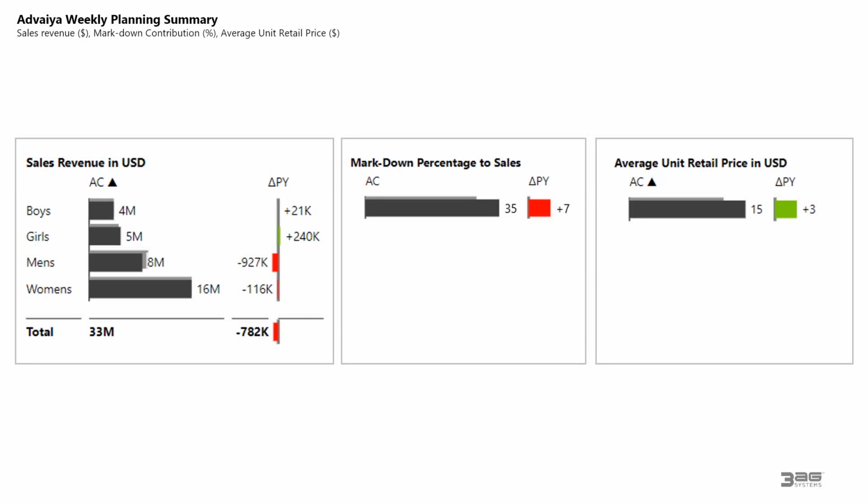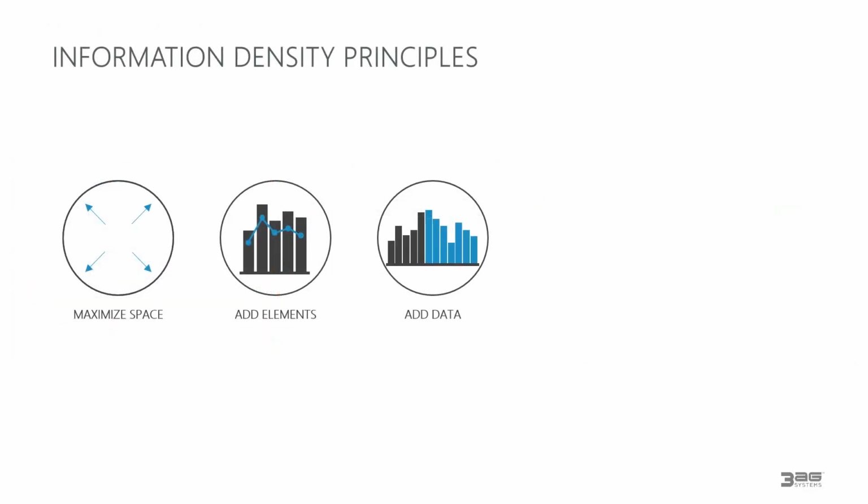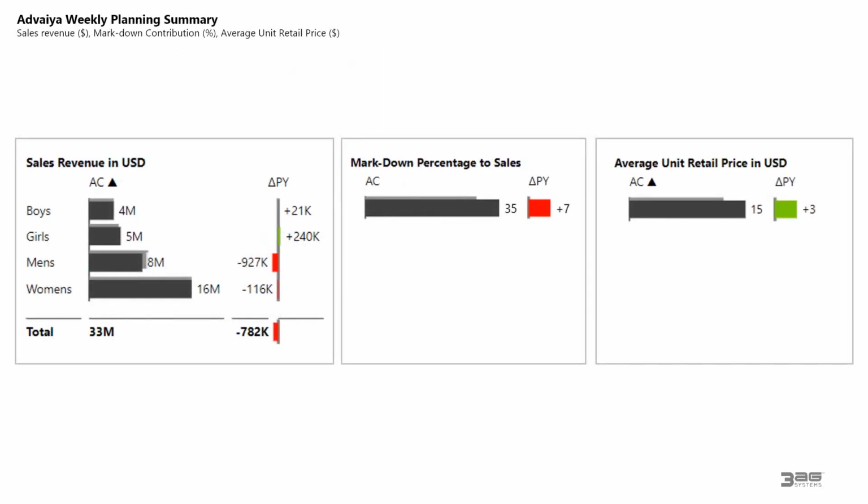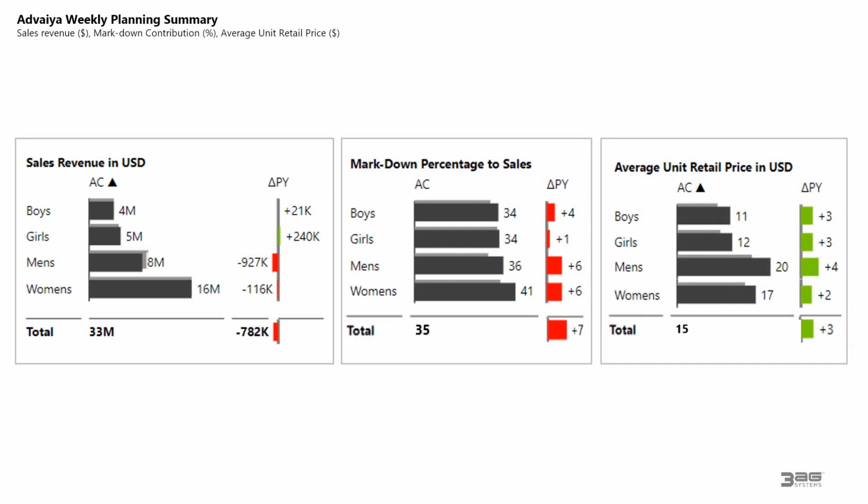So now you could say here there's now a lot more space that we can use. What do we do? We can add more data. So what more data can we add? Well, let's see if we could bring the same granularity level to all the three charts. And this is what we get when we do that.